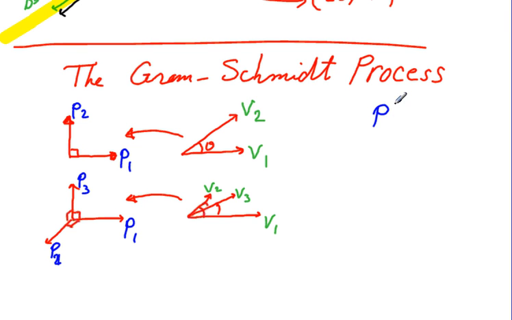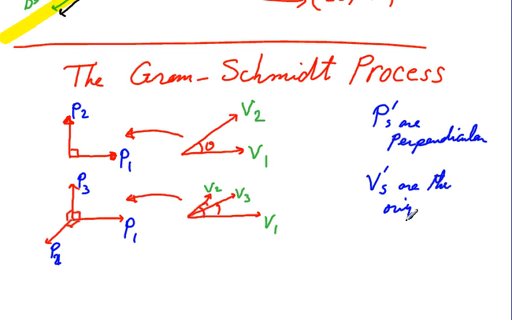So the P's are going to be perpendicular, and the V's are the original, which could be at arbitrary angles. What's the trick that we want to apply? In a sense, we want the span of whatever we are creating to match the span of whatever we have at the beginning.